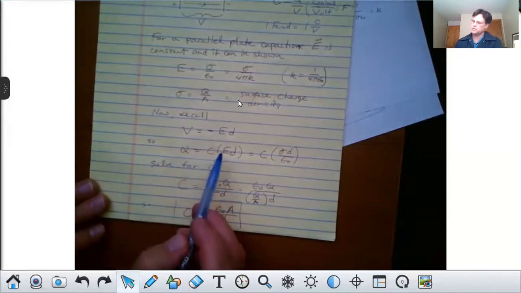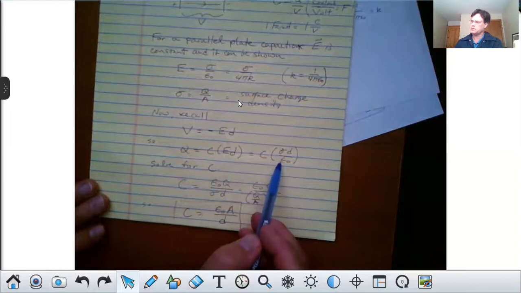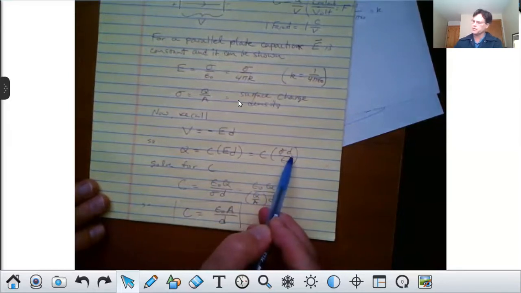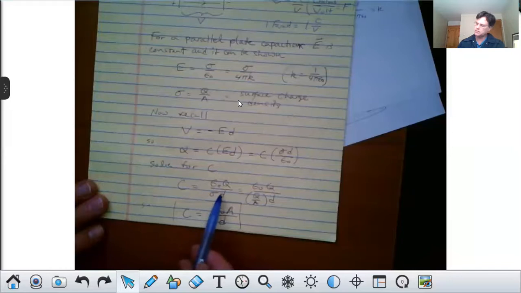So dropping this, plugging the voltage into Q equals CV, we get this. Now I'm going to plug in that the electric field is sigma over epsilon 0, so E is sigma over epsilon 0 times d, and I solve for C. I find that the capacitance is epsilon 0 Q over sigma d, but again, using sigma equals Q over A, I can plug that in.